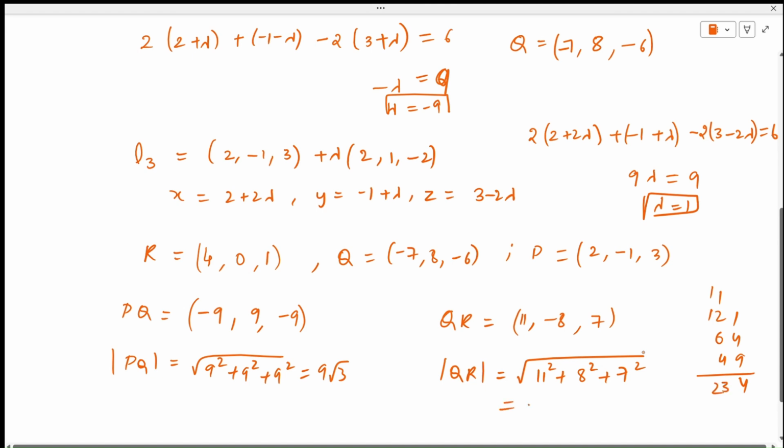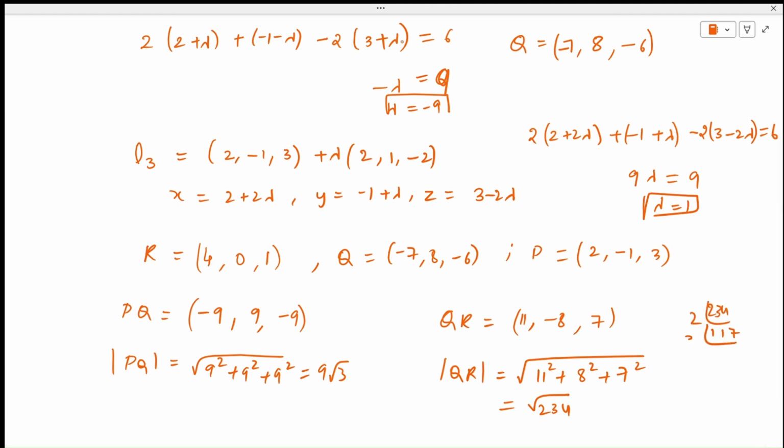So this is root 234. So what is 234 actually? 234 is 2 times 117, and 117 is 9 times 13, so we can take 9 out. 9 times 26 is 234, so this is 3 root 26.